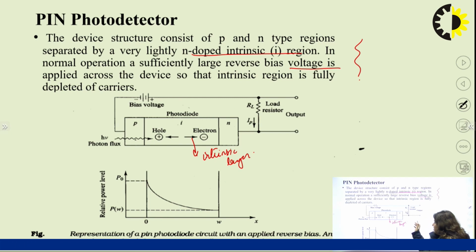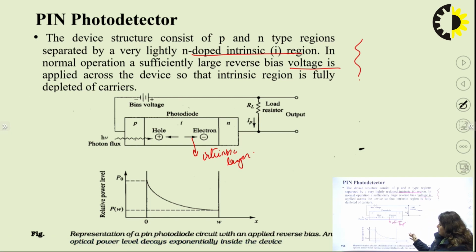These figures show how the photodiode works and how the power drops in the case of photodiodes. High electric current will flow in the photodiode when we convert the optical signal into an electrical signal.